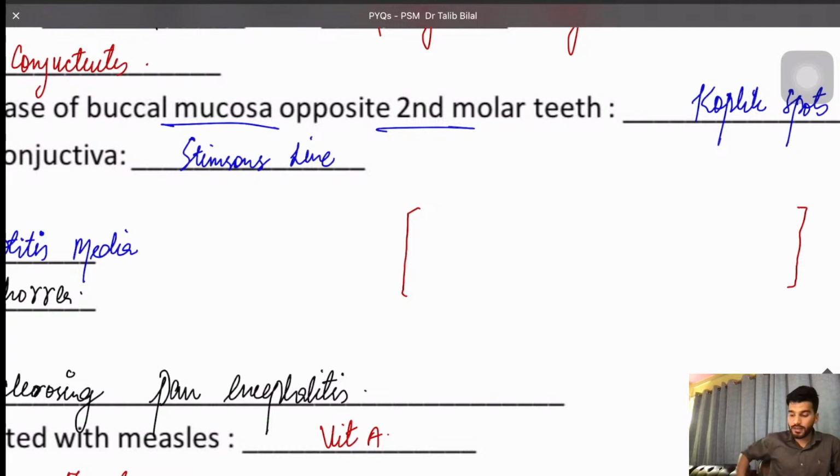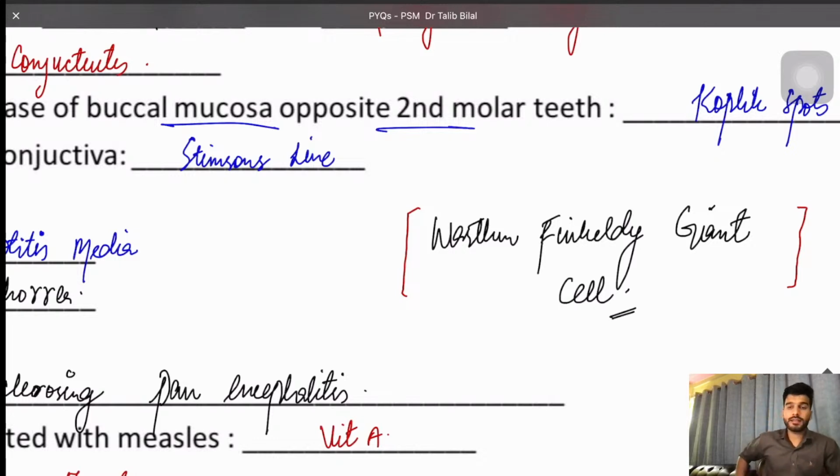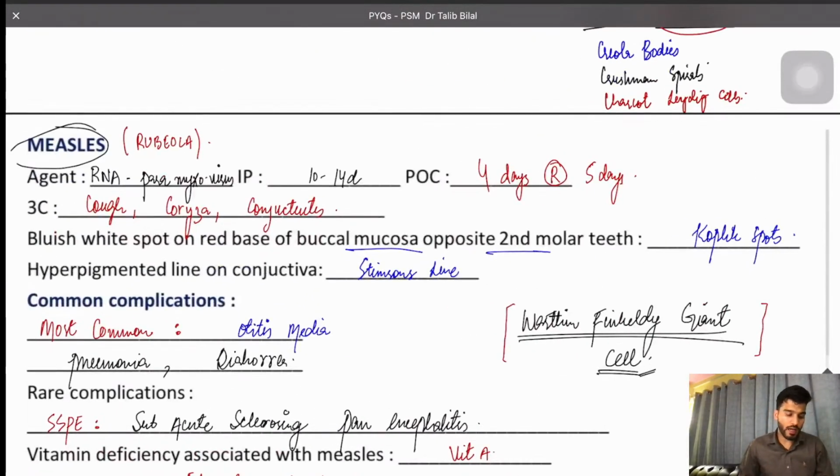Warthin-Finkeldey giant cell. Okay, remember all these giant cells, guys. For TB we have Langhans giant cell. So remember these cells as well. For measles we have Warthin-Finkeldey giant cell. So that was all about measles: cough, coryza, conjunctivitis.